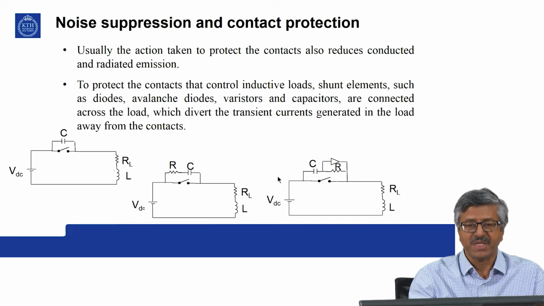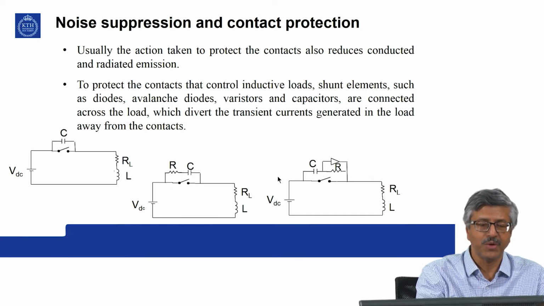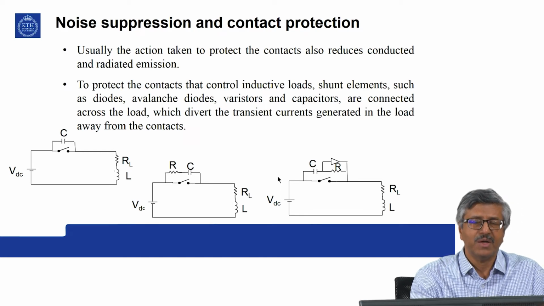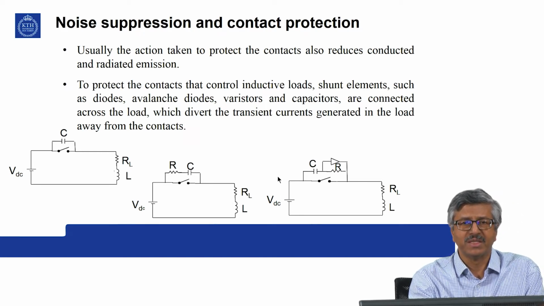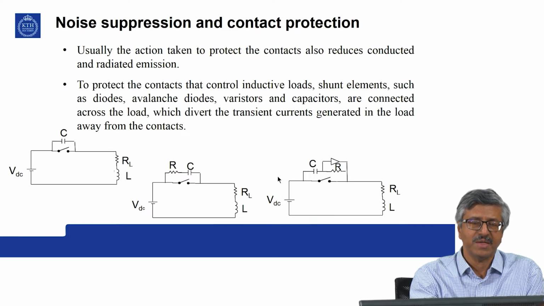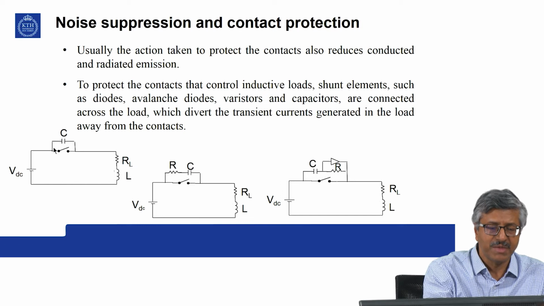Now, noise suppression and contact protection. Switching produces arcing, and this arcing can create high frequency radio noise. Say in old fashioned tube lights, the starters and the chokes will produce high frequency noise, and the noise can be suppressed by having a shunt capacitance.